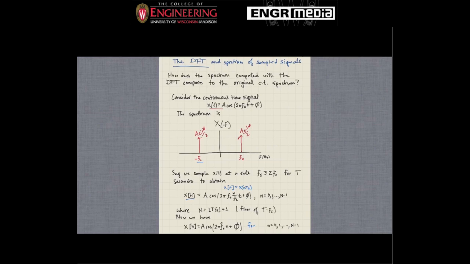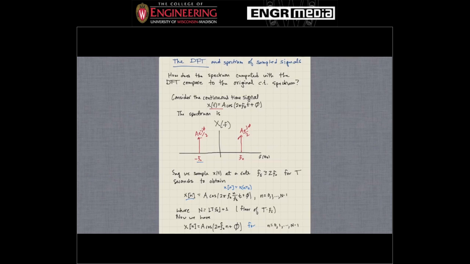Okay? And here, since we sampled for capital T seconds, then if you thought about this a while, you'd say, okay, well, capital N should be about capital T times Fs. And more precisely, it's going to be the floor of capital T times Fs, plus 1. So now we have this discrete time signal x of n.